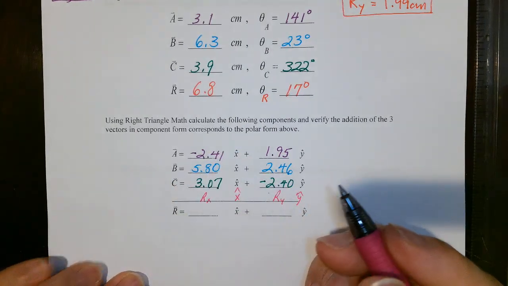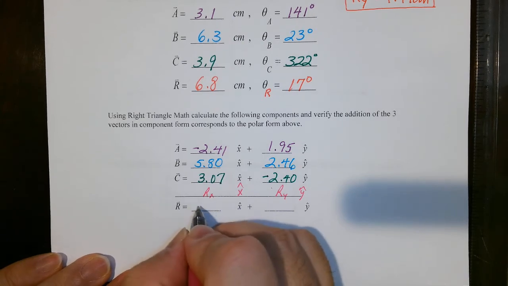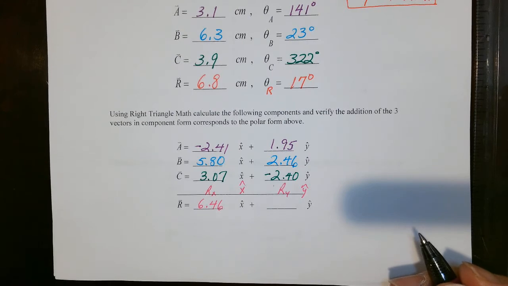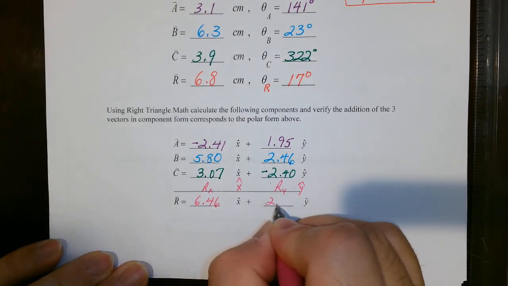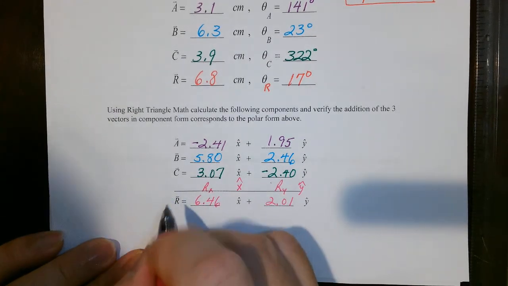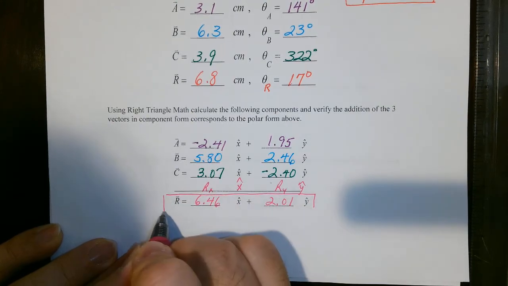So when I add all the X's, what do I get? I get 6.46 centimeters in the X direction. And for the Y direction, I get 2.01 centimeters in the Y. So this right here is the Cartesian form of your resultant vector.